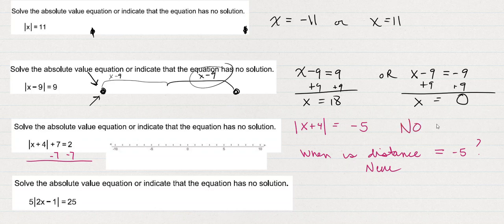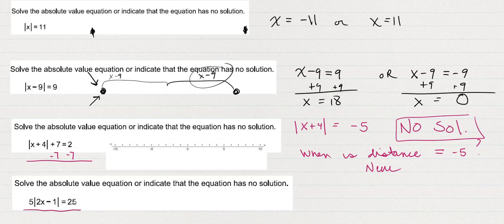So what I'd have to say about this one is that there's no solution, because there's no value I can put in for x that gives me a negative absolute value. So I could say there's no solution, or I could say that the solution is the empty set.